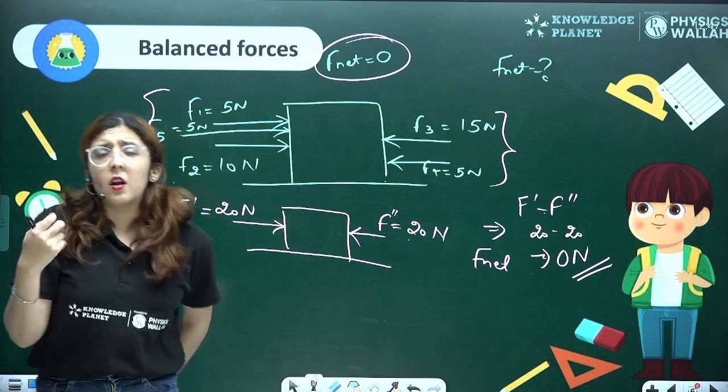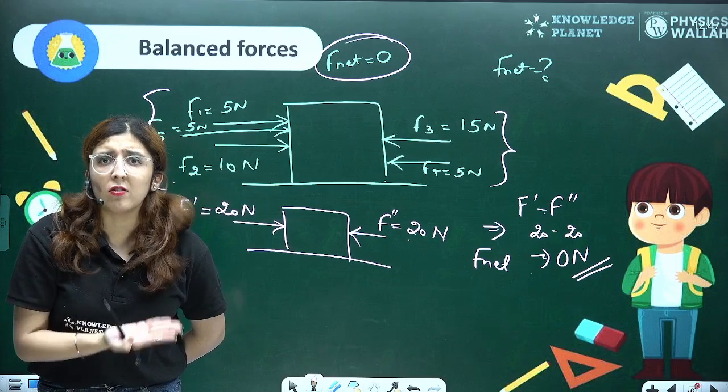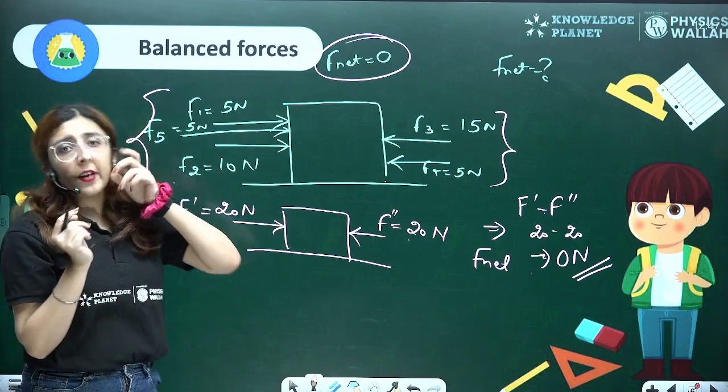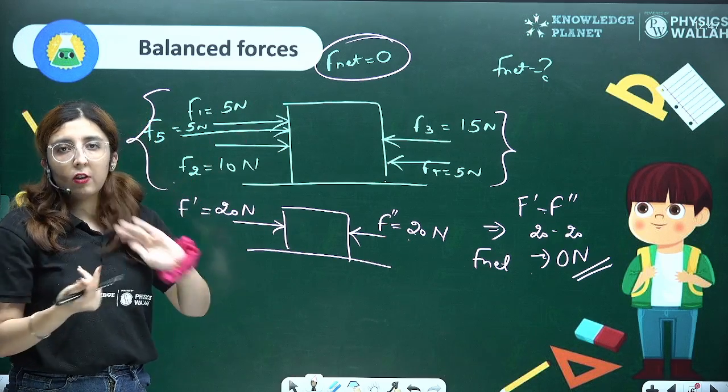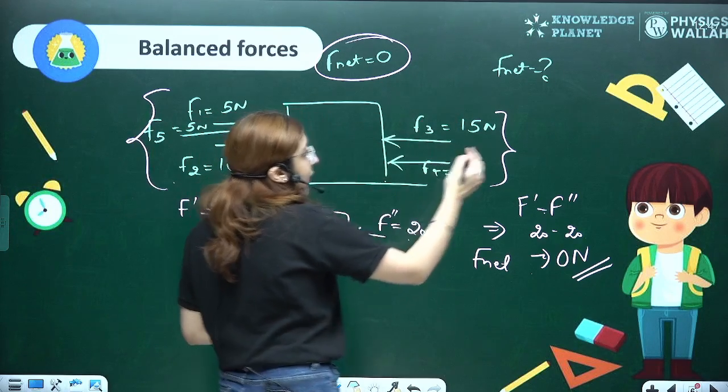If resultant is 0, is there acceleration? Is there a change in velocity? No. If I am telling you F net is 0, acceleration turns out to be 0. How can acceleration be 0, everyone?